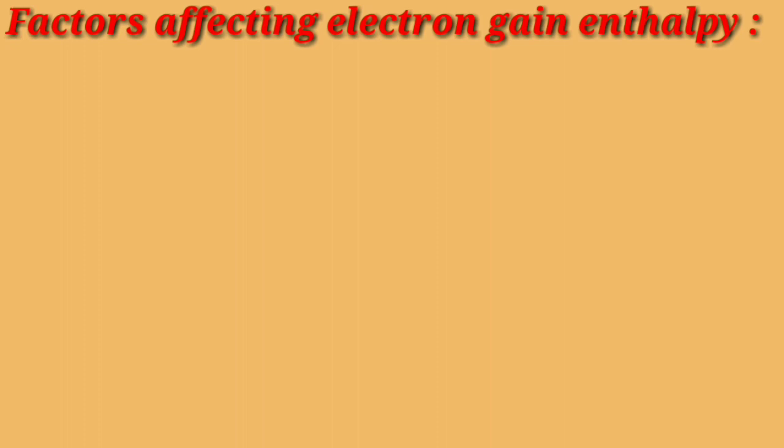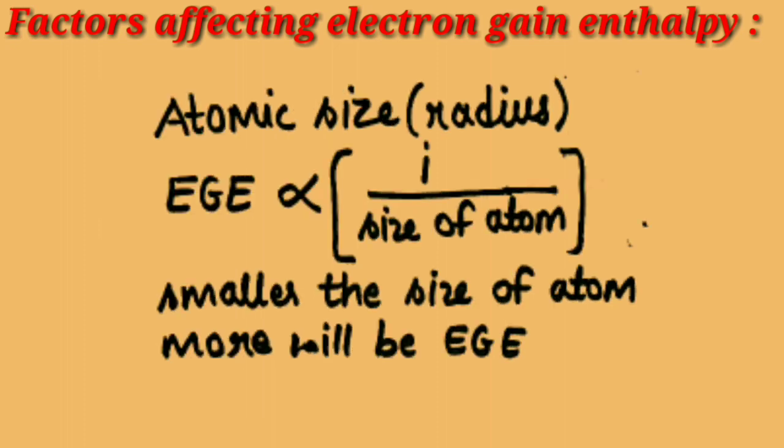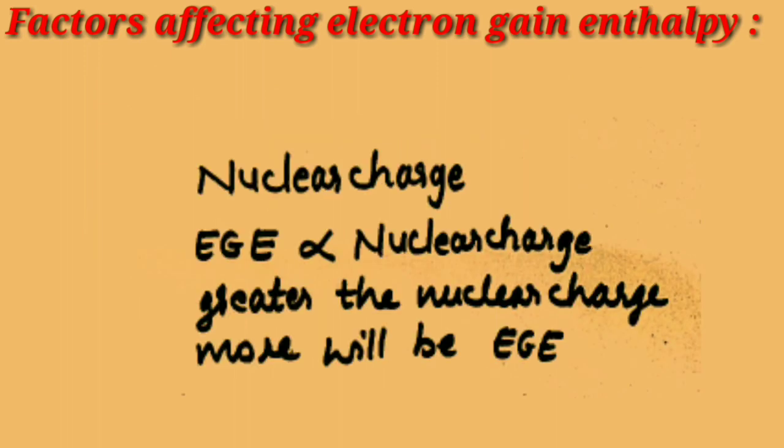First is atomic radius. Electron gain enthalpy is inversely proportional to size of atom. Smaller the size of atom, more will be the electron gain enthalpy. Second is nuclear charge. Electron gain enthalpy is directly proportional to nuclear charge. Greater the nuclear charge, more will be the electron gain enthalpy.